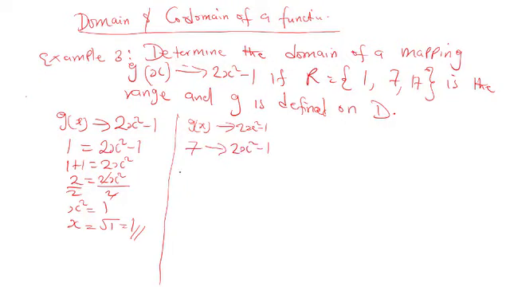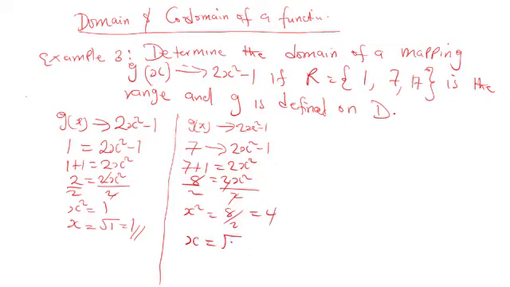Taking the minus 1 to this other side, we have 7 plus 1 equals 2x squared. 7 plus 1 is 8, equal to 2x squared. Divide both sides by 2, so that 2 goes with 2. We now have x squared equal to 8 over 2. x squared is 4, so the value of x is the square root of 4, which is 2. So when the range is 7, the value of x is equal to 2.